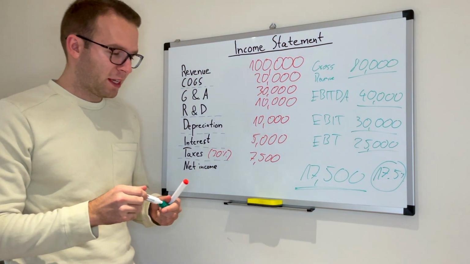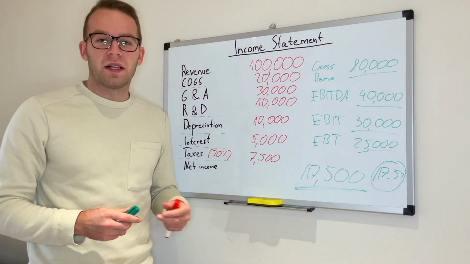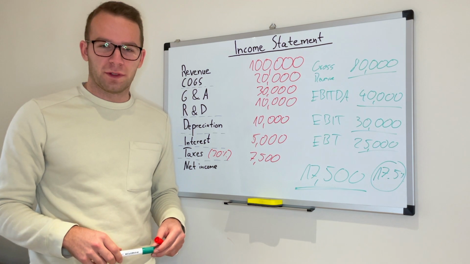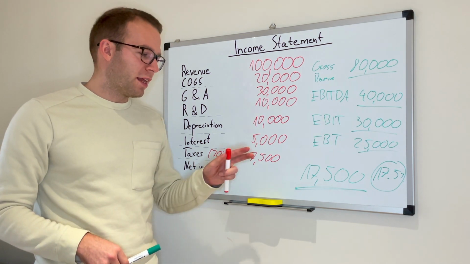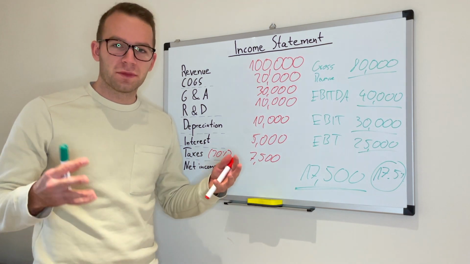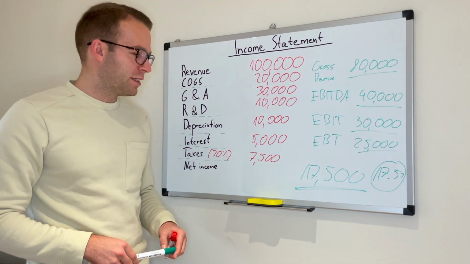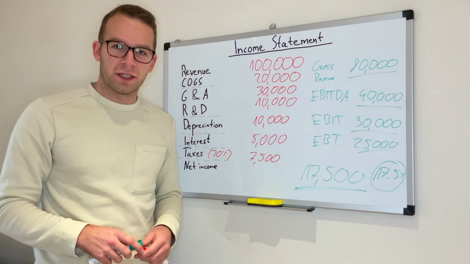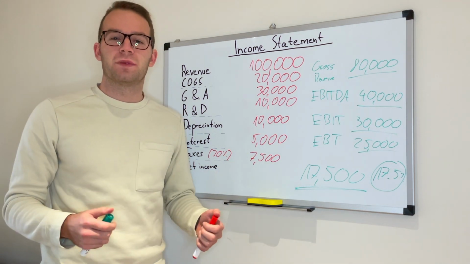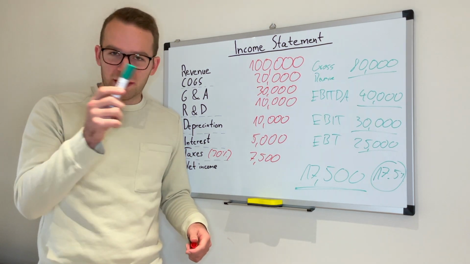That's good. But we can use our net income also to calculate other multiples and ratios that you might be familiar with. So let's go ahead and calculate the earnings per share. Let's assume the company is public, it has shares outstanding, and we want to know the earnings per share in order to maybe then calculate the PE ratio, which is the price per share divided by earnings per share.